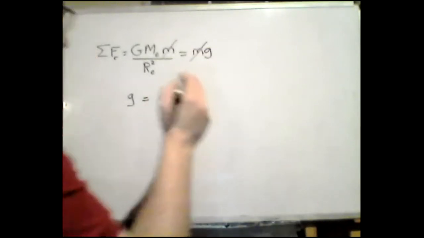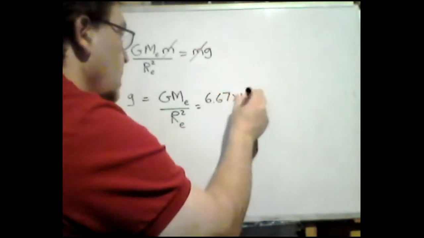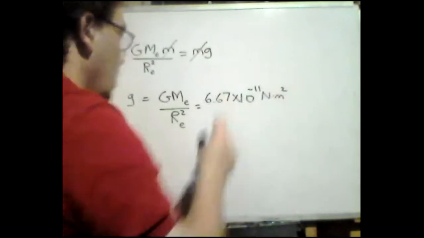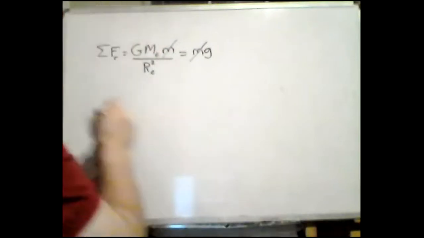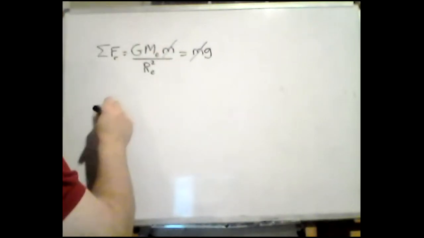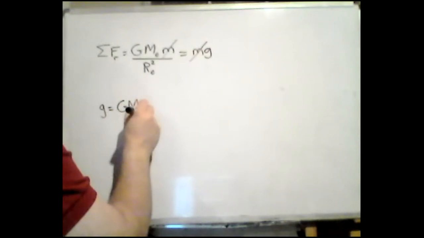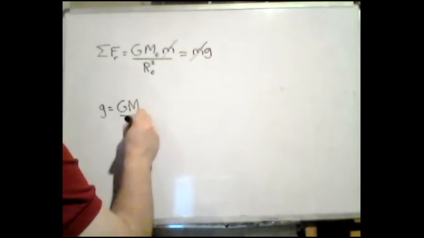Well, let's see. What does that work out to be? Again, g is capital G, m sub e, the mass of the Earth, divided by the radius of the Earth squared. All right, let's do it.